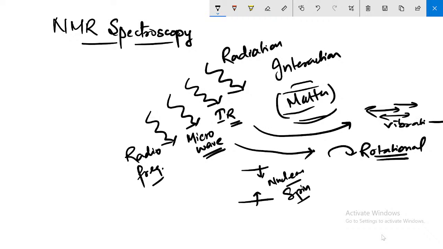Further, even higher energy like UV-visible will be absorbed in the electronic states. So we see that a different kind of frequency will interact with a different dimension of the matter.